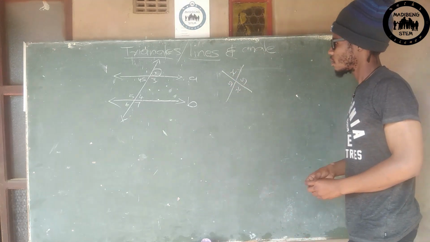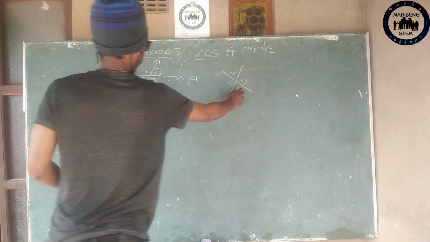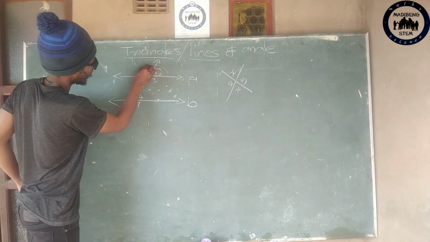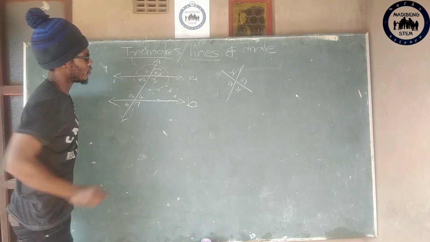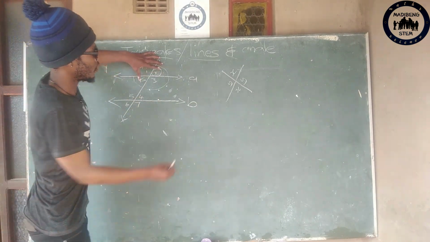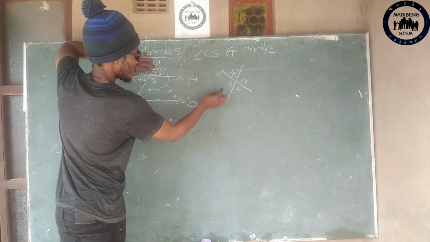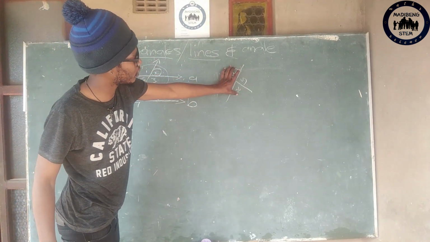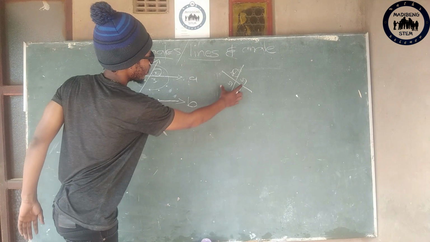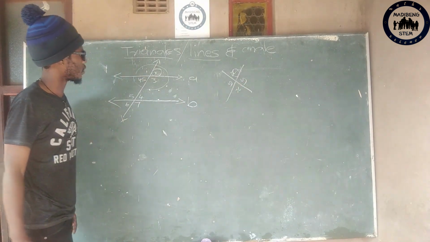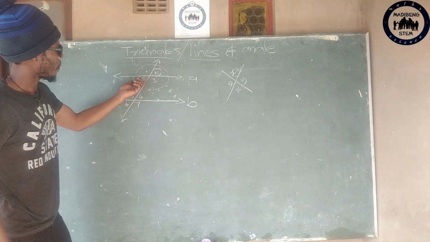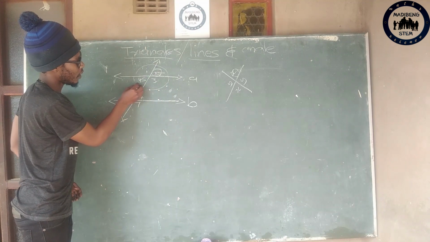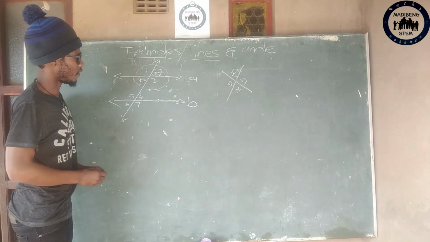In this case, this situation is like this situation here. So this X is vertical to this one, so they are the same. This is vertical opposite angles. This is also vertical opposite angles. So here X is vertical to our 45.